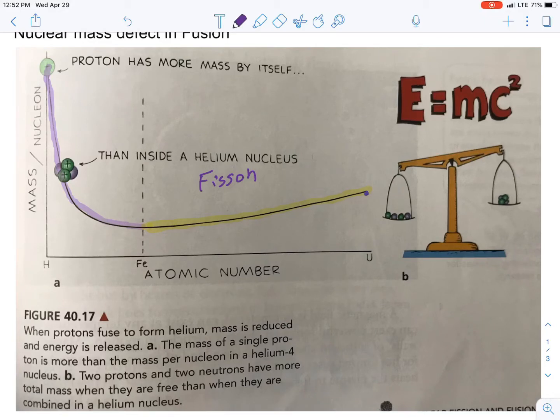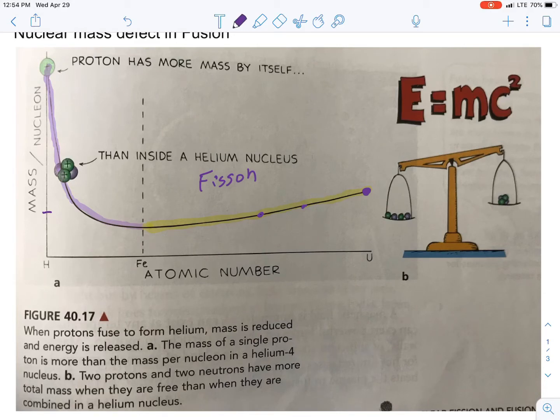So if you had a big uranium nucleus and it broke into two smaller nuclei, I'm just making up the spots, those two smaller nuclei would have less mass than the original uranium. And so that's why it gave off energy. As the larger nuclei split apart, they have less mass in each individual particle. So they're losing that mass, it's turning into energy.